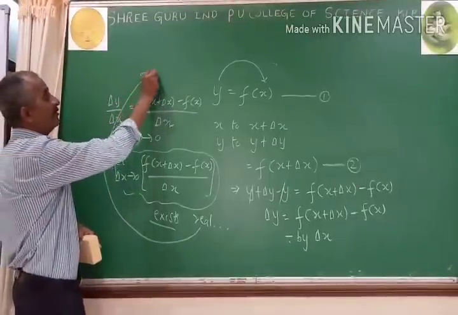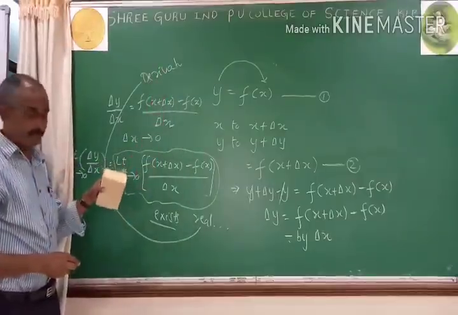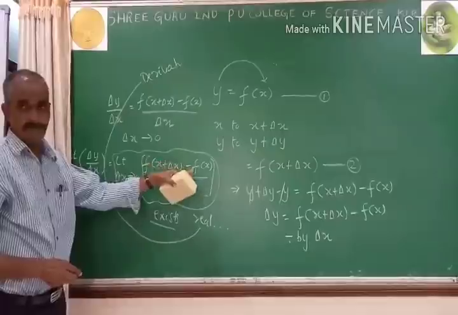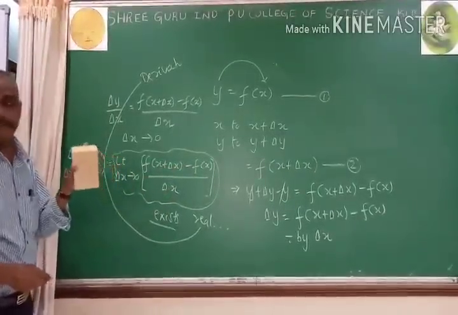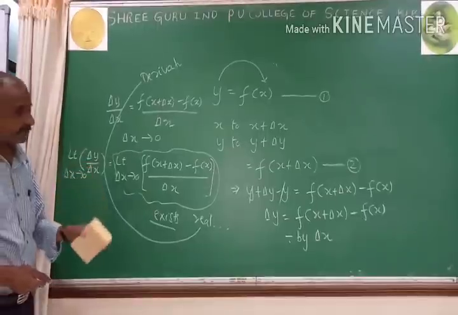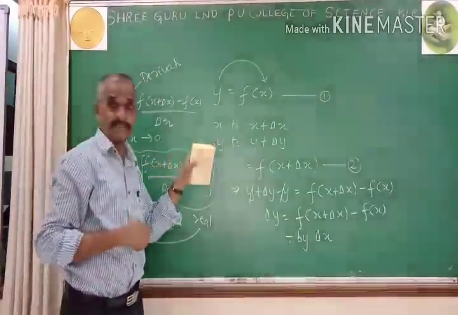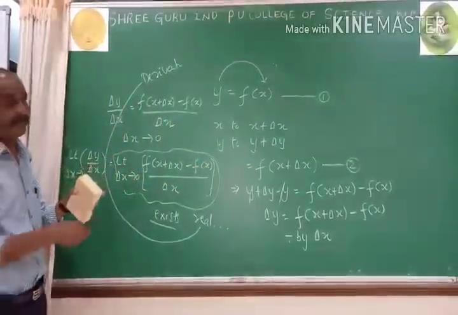So derivative is nothing but the value of the limit of f of x plus delta x minus f of x divided by delta x, provided the value becomes a known real number. Further, this process is not the differentiation. Differentiation is different, derivative is different.